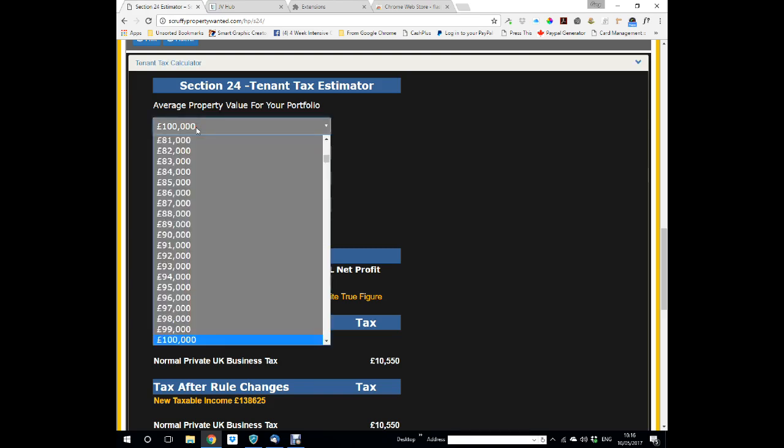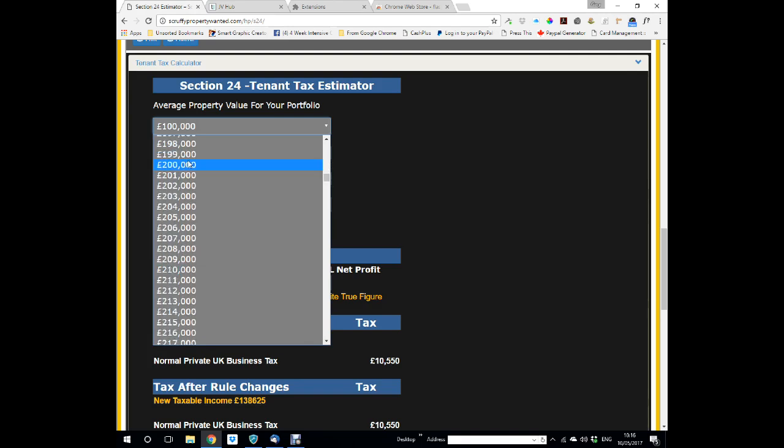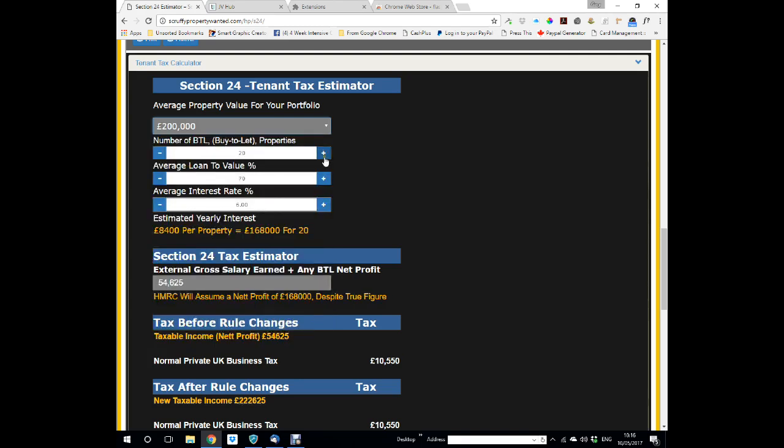Okay, so say in the southeast, each property is worth £200,000. Just pick that there. And you have a portfolio of, say, 25 properties, and your average loan to value is 60%.